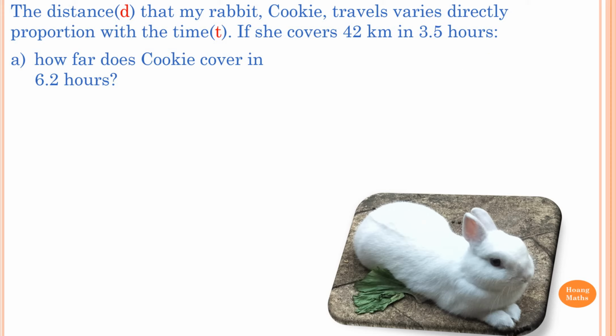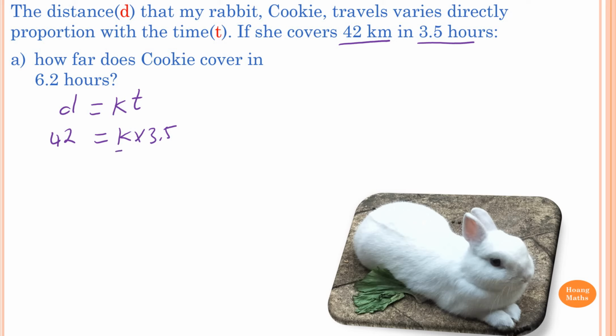Part A. So first of all, we need to write the rule for this situation. So we know that D is directly proportional with the time, which is KT. Now, if she covers 42 kilometers in 3.5 hours, so that is 42 is equal to K times 3.5.